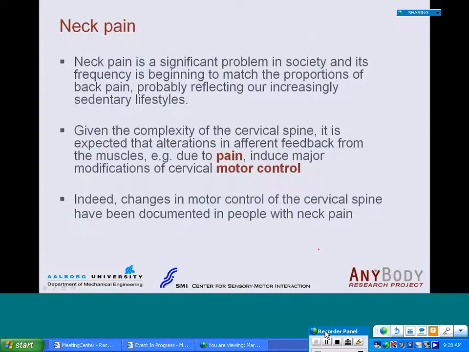And given the complexity of the cervical spine, it is expected that alterations in afferent feedback from the muscles, for example due to pain, will induce modifications in the cervical motor control. And this has indeed been shown in people with chronic neck pain.